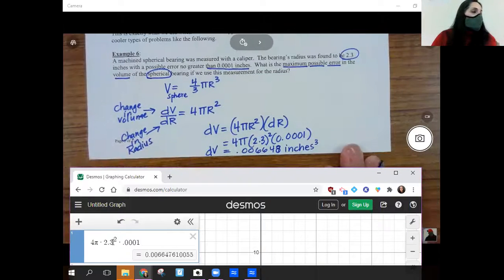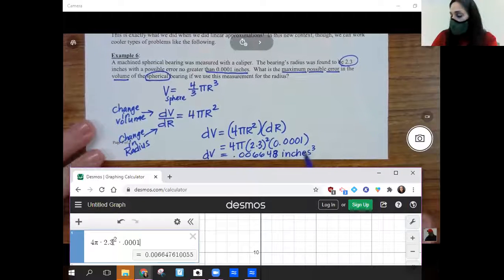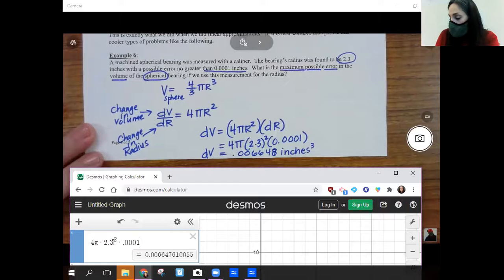So if you allow the radius to have no greater than 1/10,000th of an inch in change, it's going to throw the volume off by about 6,648 millionths of a cubic inch, which doesn't seem like very much.